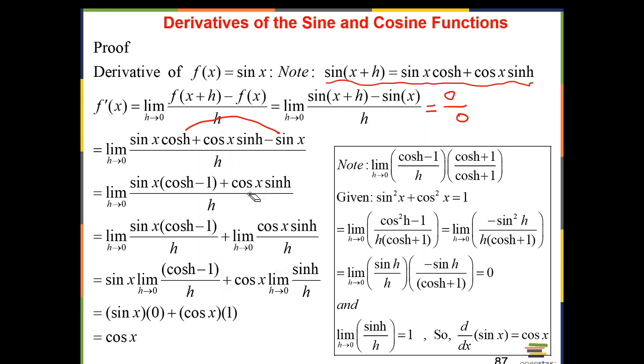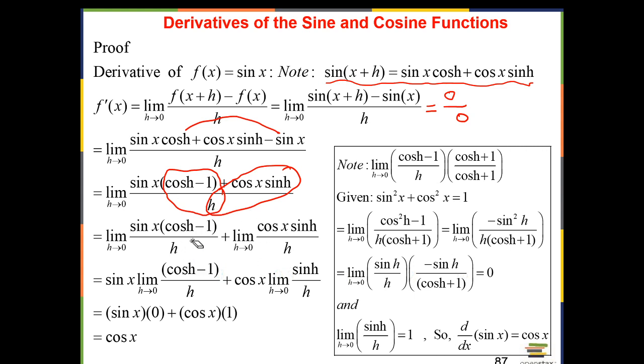All right, now we are going to separate this into sine x times this part over h, and then this part over h. h is a common denominator.